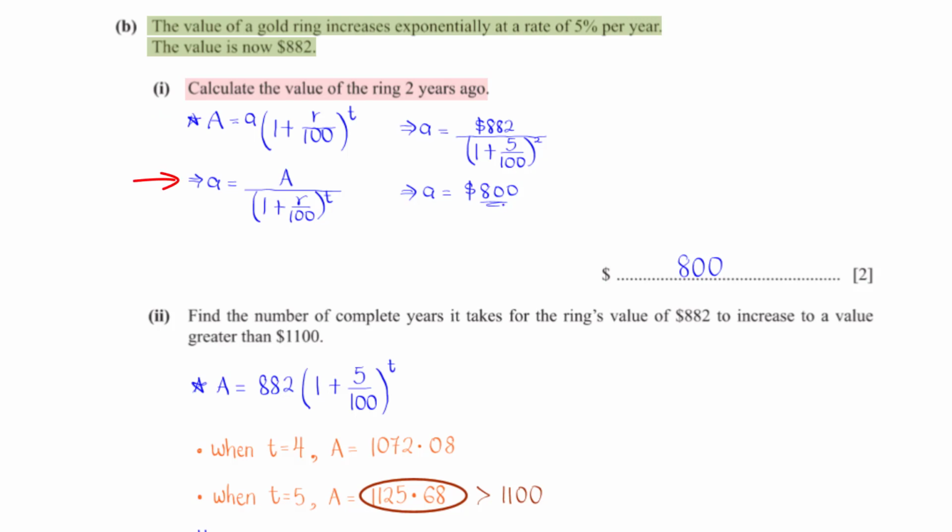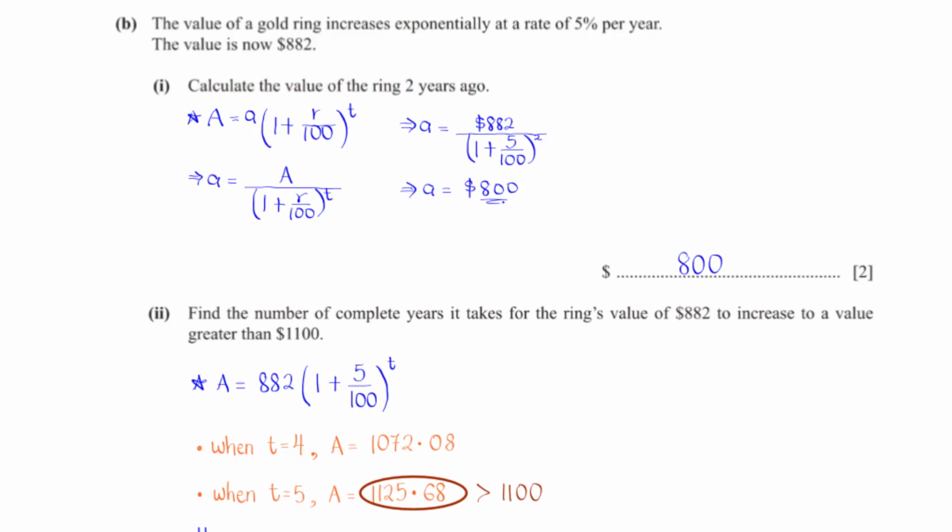We've been given the value of big A, which is the value of the ring at the end of 2 years, and that is $882. R is 5 and T is 2. And so when we type this into the calculator, we get the initial value of the ring as $800.